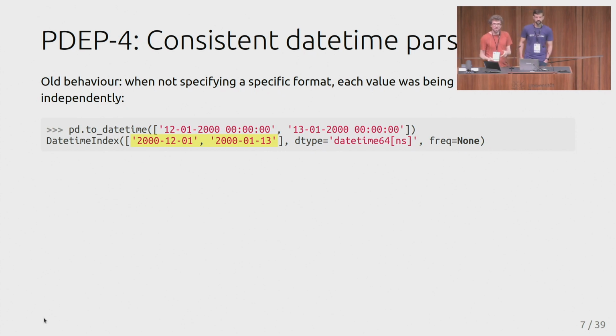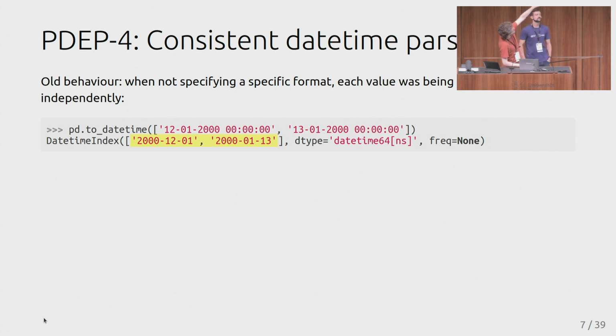Another change that is already included in the release Pandas 2.0, also related to timestamps, but for going from strings to actual timestamps. So if you, for example, read a CSV file, you have a column of strings, you want to convert that to proper timestamps to a datetime64 type, you would use to_datetime. And so until recently, if you didn't specify a format, what Pandas would actually do under the hood is just treat each string individually.